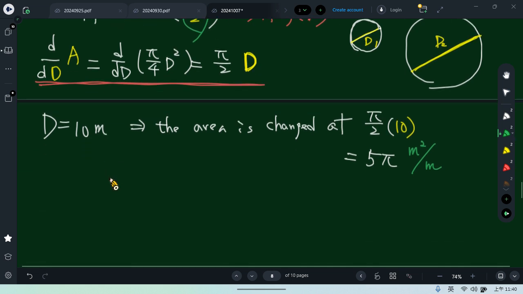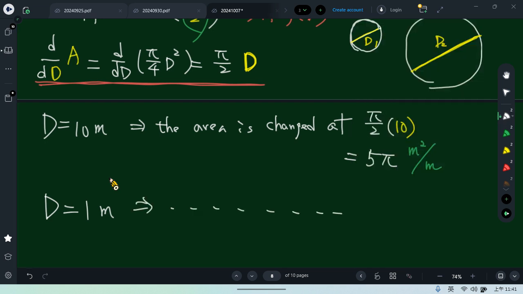But for example, if D is 1 meter, the changing rate will become pi over 2 times 1, so that will become 0.5 pi meter squared per meter.